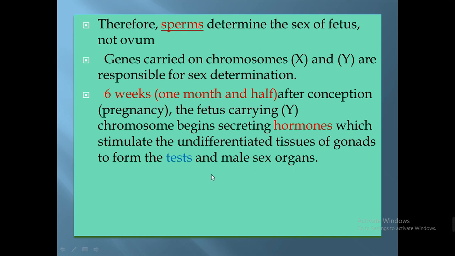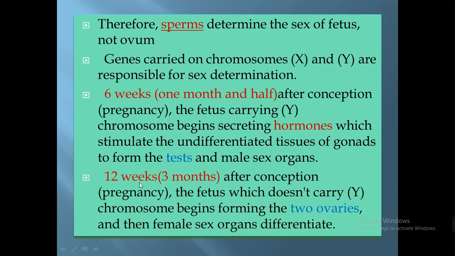Okay, and after 12 weeks, or around 3 months, of pregnancy, the pregnant woman can know whether she's pregnant with a male or female because the two ovaries are formed during these weeks.